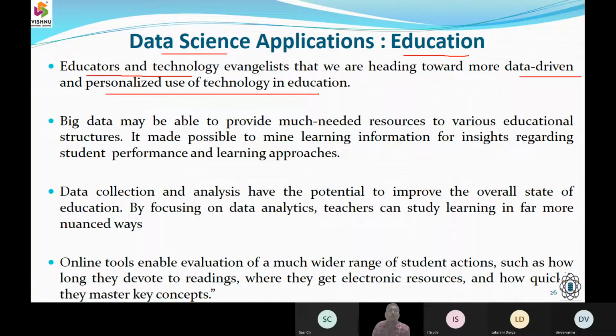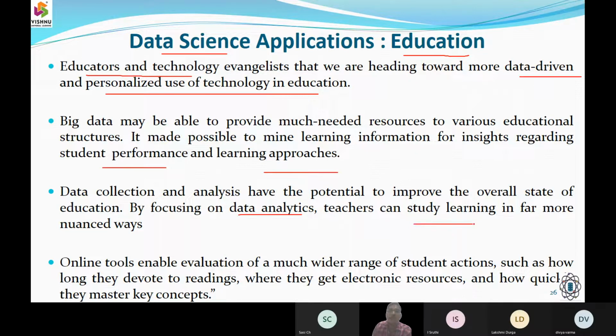Student performance and student learning approaches are going to be understood, and the data is going to be analyzed. It is not specific to a study, but point to point, or we can say a one-to-one study.